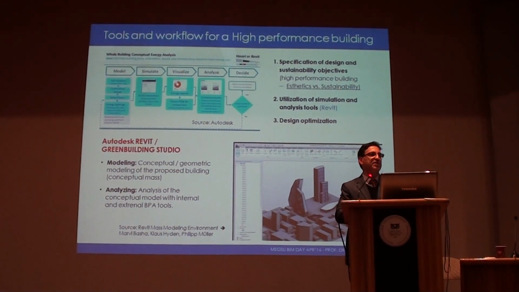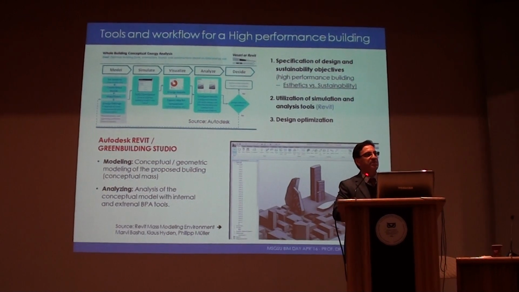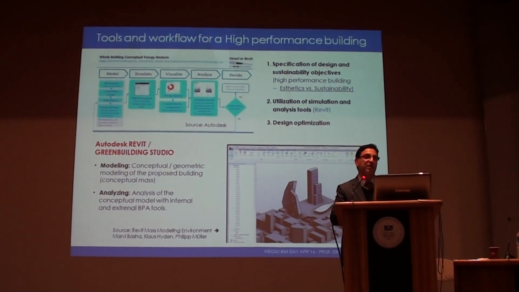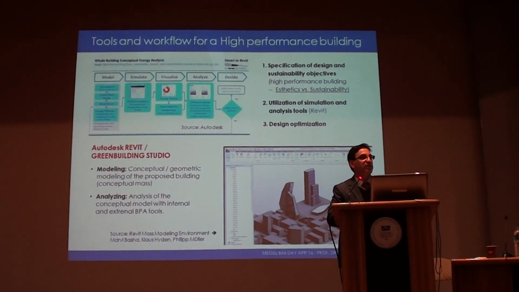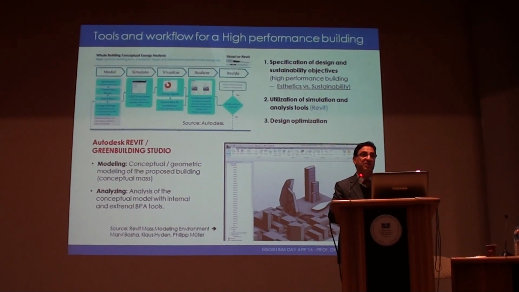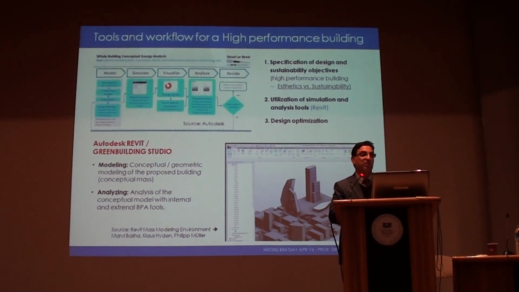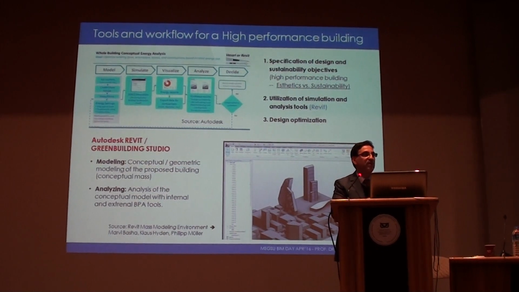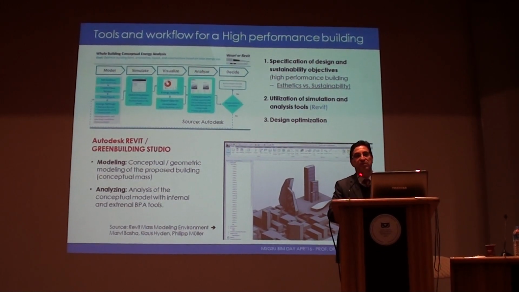We start like this. What is the objective of this building? What are we supposed to achieve with this building? This achievement is expressed in metrics. We ask them what kind of metrics we are going to use.